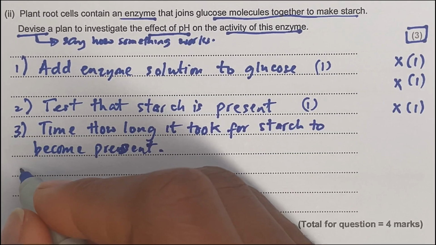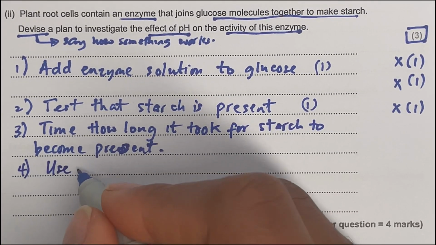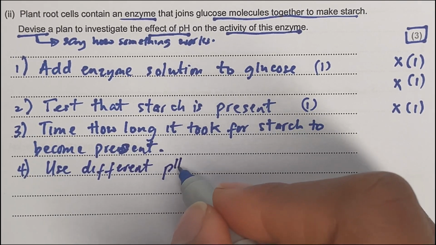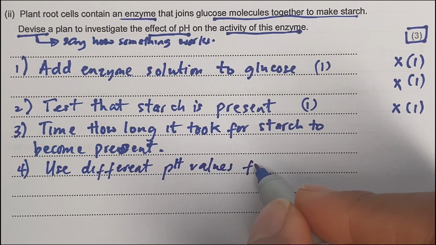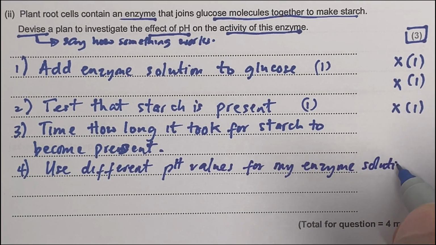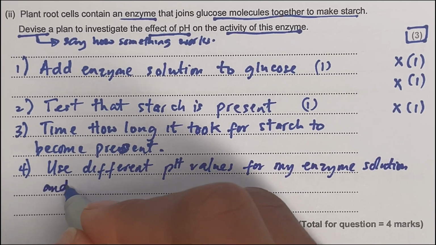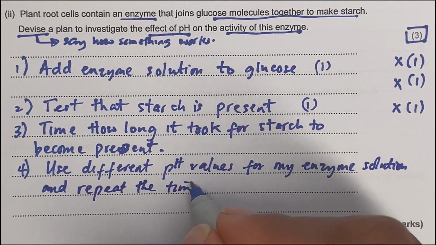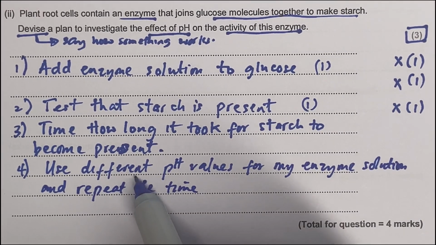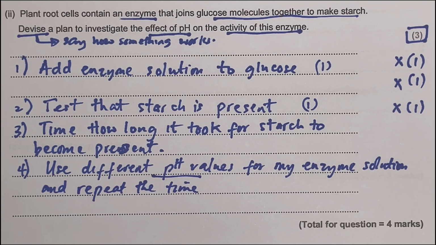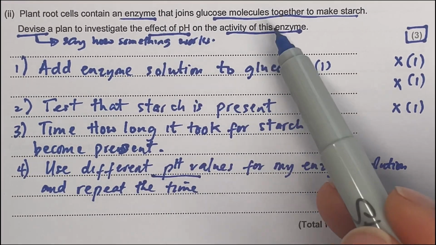So my last step would be use different pH values for my enzyme solution and repeat the time. Okay, so using different pH values and find out how long it took for starch to be present, that would show me the effect of pH on the activity of enzyme.